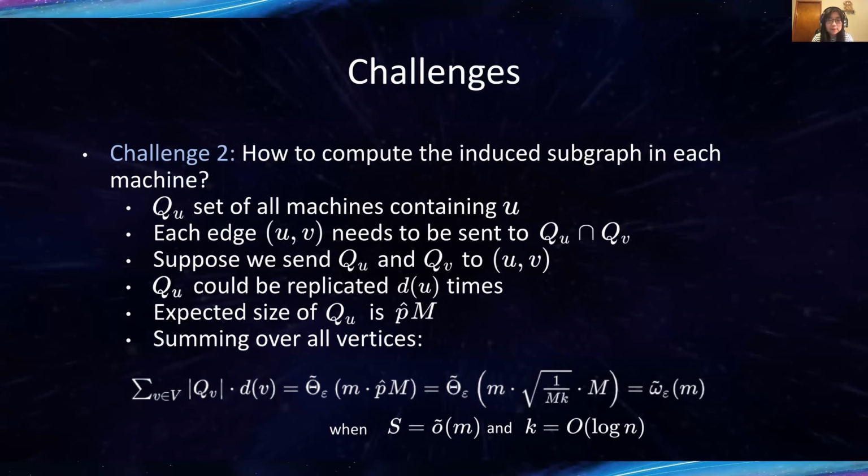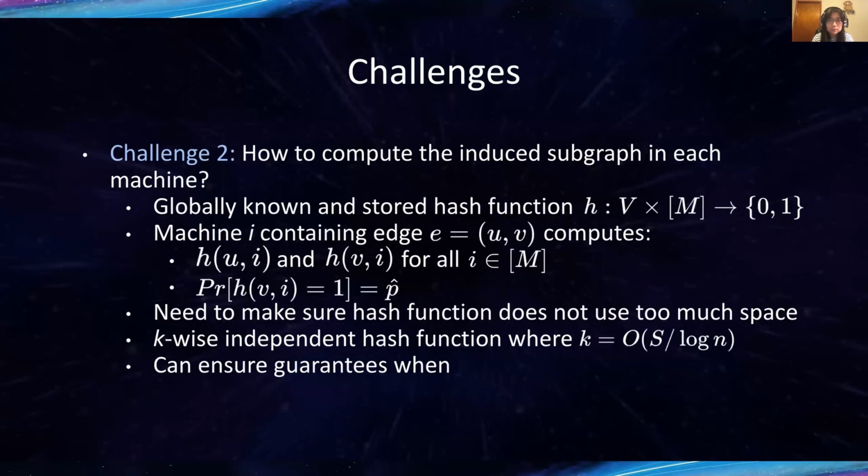Hence, to ensure that the total space is O of m, we need to have a different way to find all induced subgraphs. To solve this challenge, we use a globally known hash function h to determine whether vertex v is sampled in the ith machine. We use this hash function to efficiently compute which edge is sent to which machine.